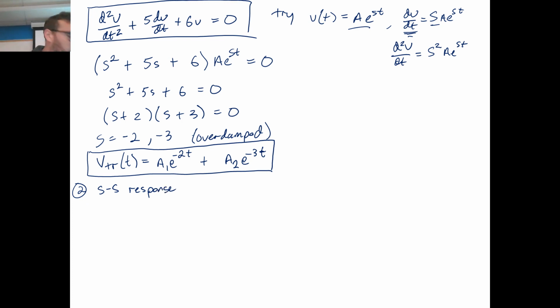So for the steady state response, let's look at the circuit at t equals infinity. After a very long time, we've got the 4 ohm resistor here, the inductor there, this 2 ohm resistor there, the switch is closed, and then there's the capacitor here.